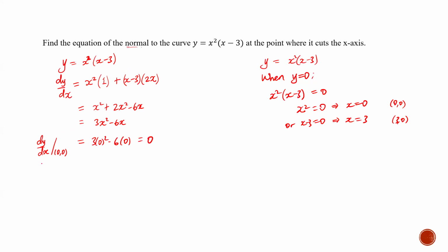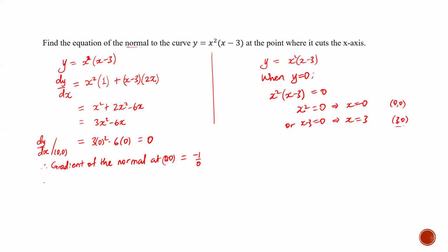And you know that the gradient of the normal is the negative reciprocal of the gradient of the tangent. The gradient of the normal at (0, 0) would be negative 1 over 0. Now this is undefined. Of course, in practice, that means it's going to give you a straight vertical line. But this is undefined, so we're going to go with the other point, which is (3, 0).